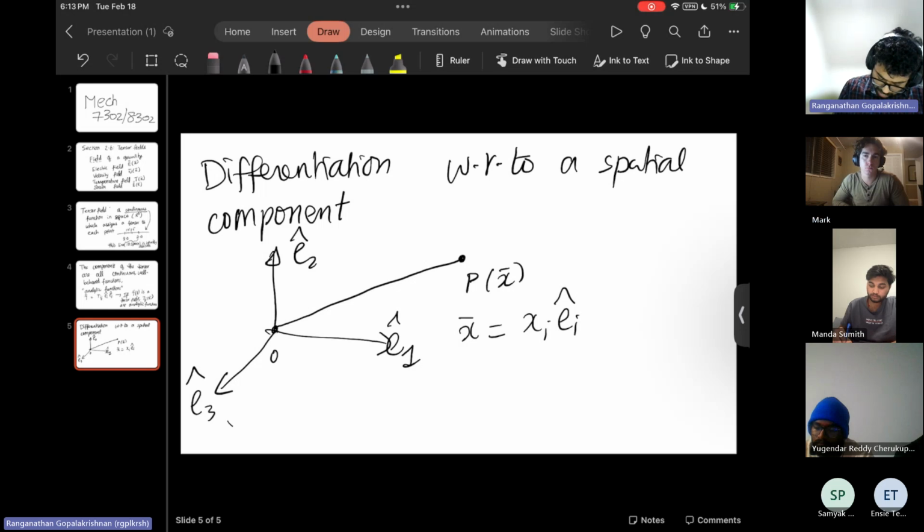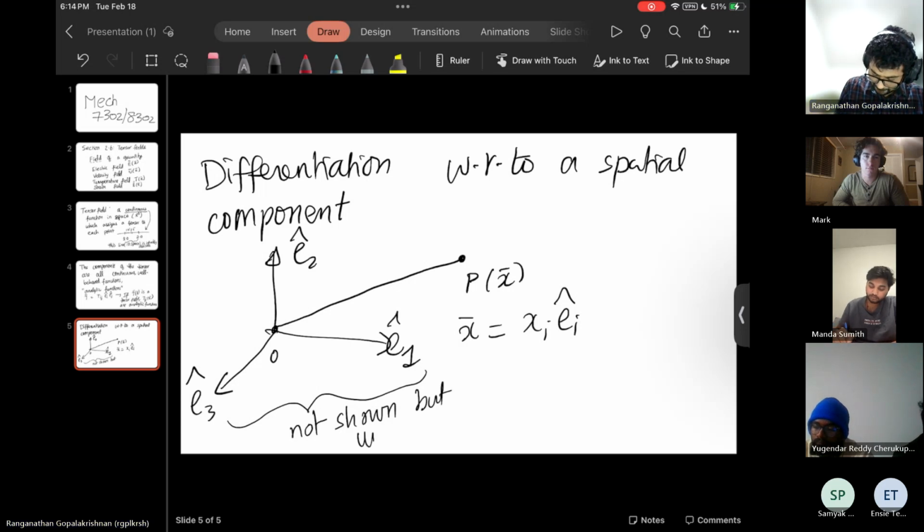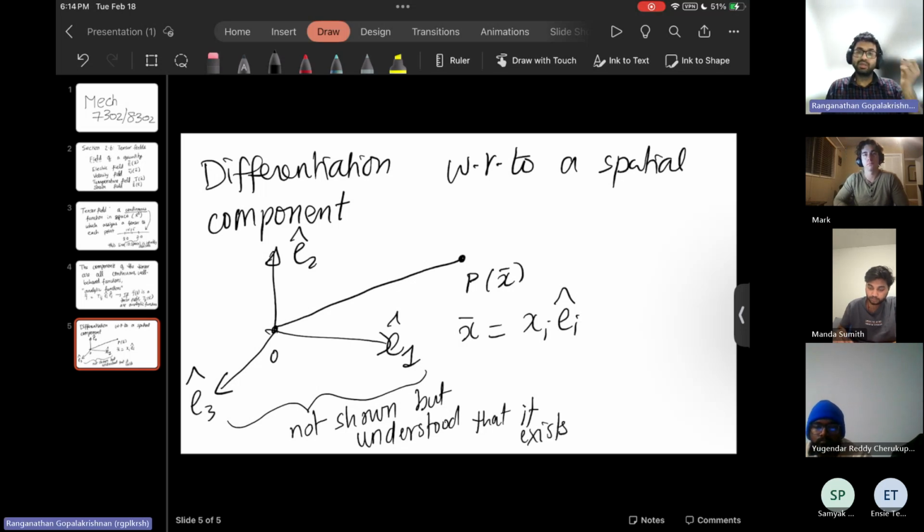We usually don't show this explicitly, but it is understood that it exists. The coordinate directions, the origin, we know that you need those to define a coordinate system, but we don't go about talking about them each time.